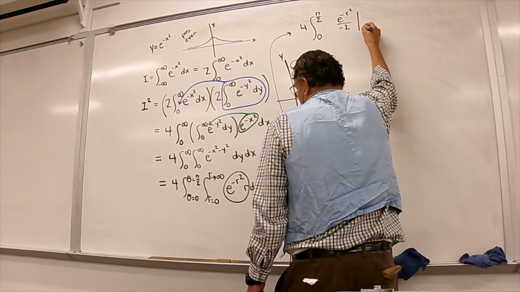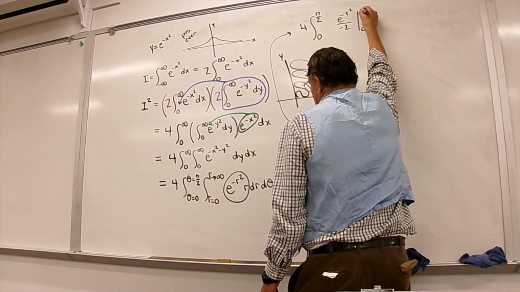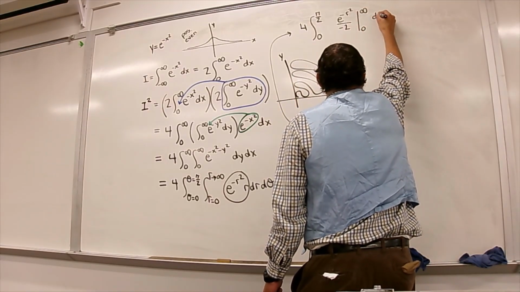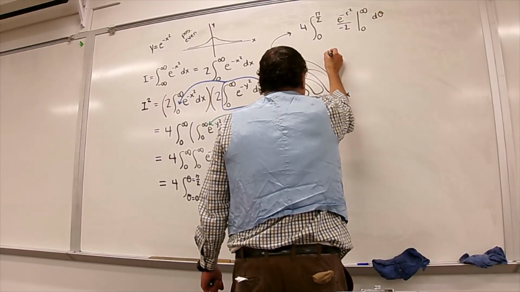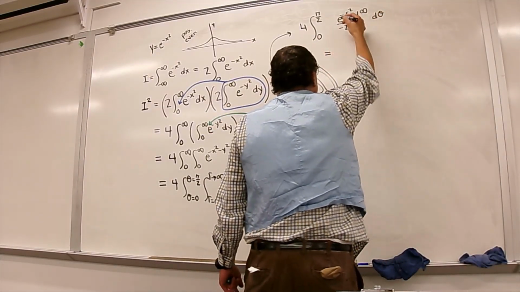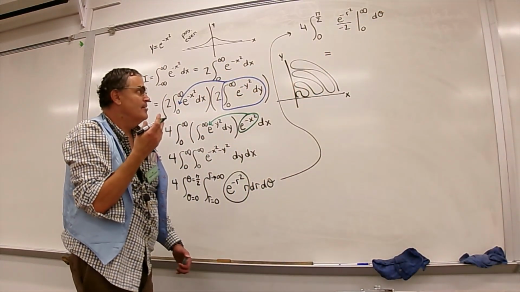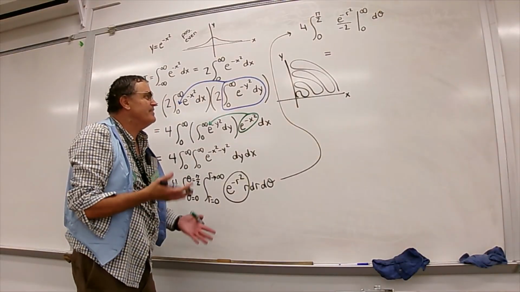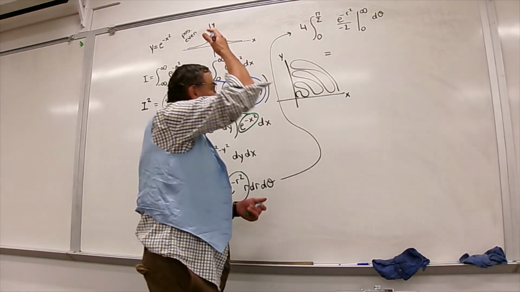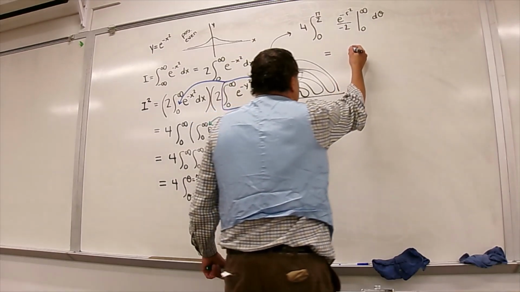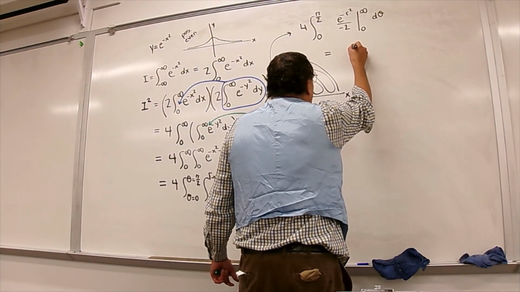This gets evaluated from 0 to infinity, and then we have a d theta here. Now we continue. You put infinity in there, because it's e to the negative r squared, that's going to get a 0. You put a 0 in for r, you will get a 1/2.